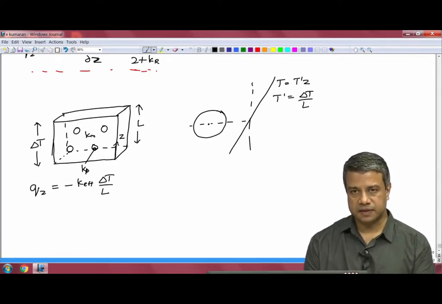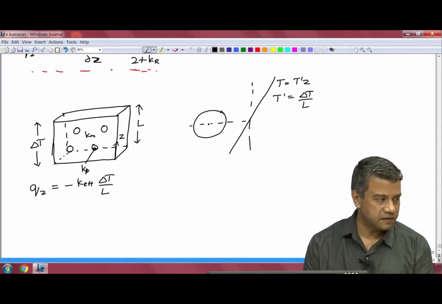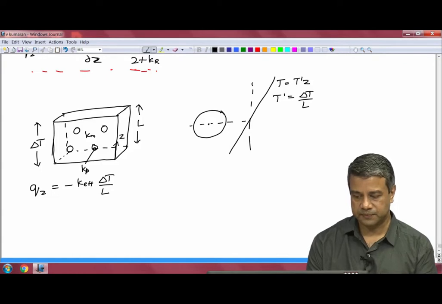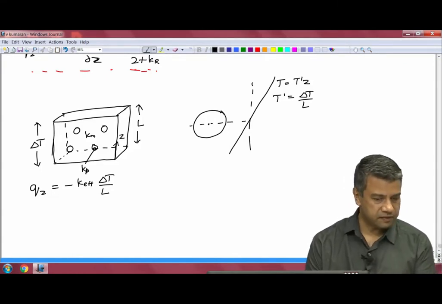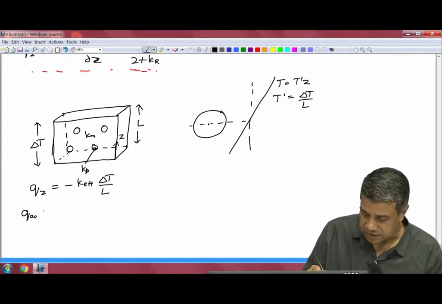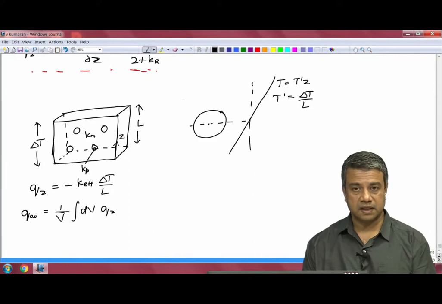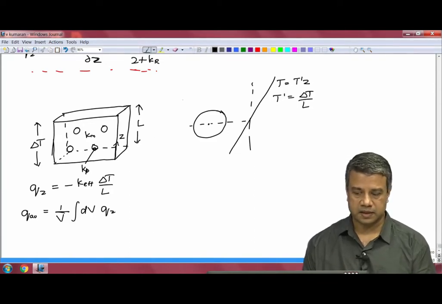The heat flux of course changes depending upon whether we are in the particle or in the matrix, because the conductivities are different. The total heat transfer rate is going to be a combination of the transfer rate through the particle and through the matrix. And you can define an average heat flux, Q average, equal to 1 by V integral over dV times the local heat flux, where this integral is carried out over both the particles and the matrix.